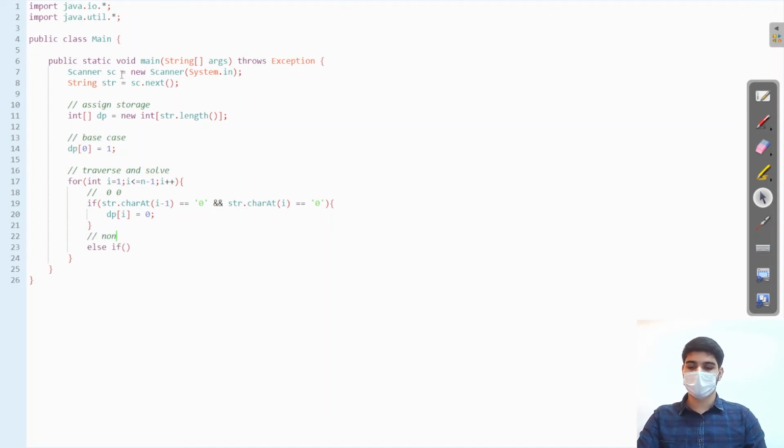Then we would have an else if condition, and over here we will call for 0 and non-zero. We can have a call for non-zero and 0, or we can even call for 0 and non-zero. Just try 0 and non-zero. So string.charAt, and if my previous was 0, so I minus 1 is equal to 0, and my string.charAt at the current position is something which is non-zero, so not equal to 0.